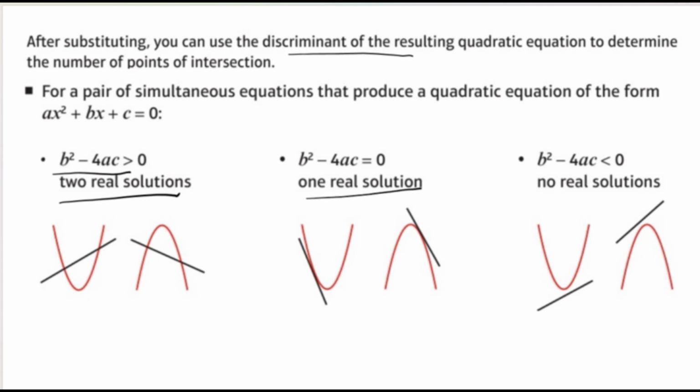If b squared minus 4ac has 1 real solution, it means the line is touching the quadratic graph at just 1 point. And when b squared minus 4ac is less than 0, then the line is not touching the quadratic graph at all. So just finding the discriminant will also tell you how many solutions there are and how we can sketch the graph.